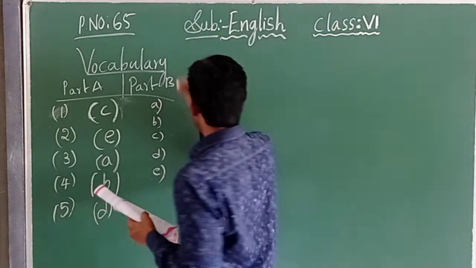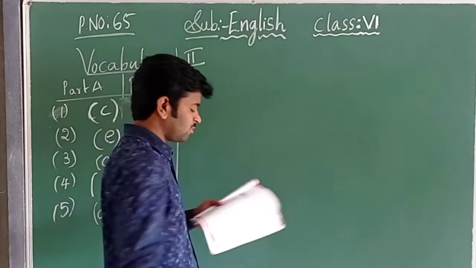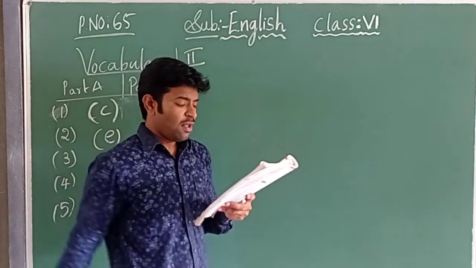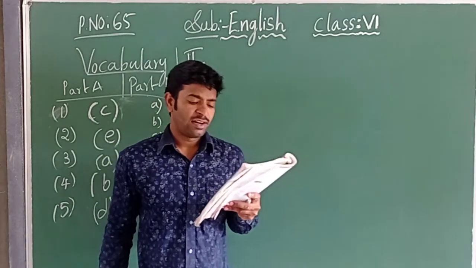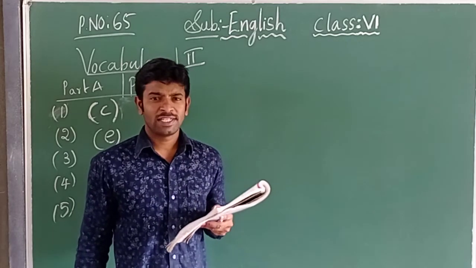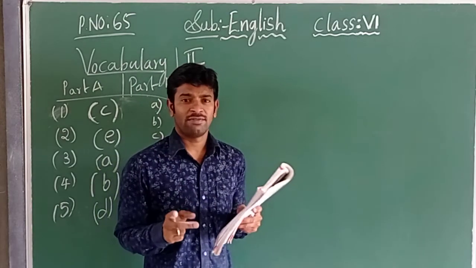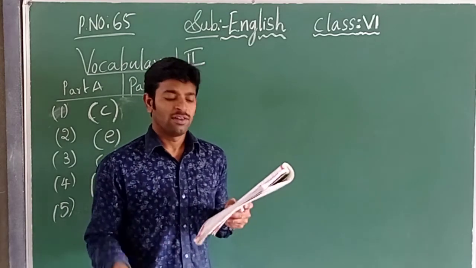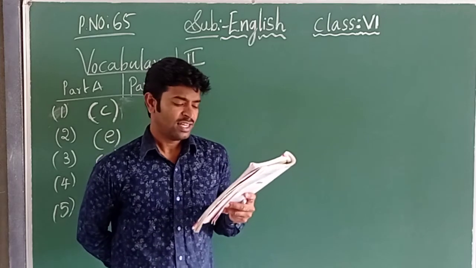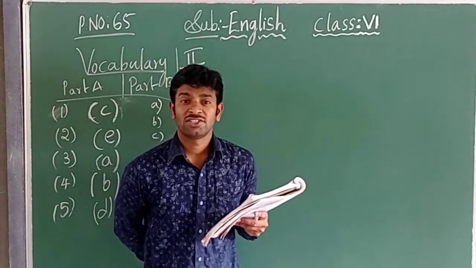Next we will go to the second bit. Second bit. See carefully, children. Now, prepare a mind map related to furniture and medicinal plants. Two bits he has given. First one, and if you turn the page, there is the second one. Mind mapping is nothing but he is telling us to write the mind mapping related to furniture.